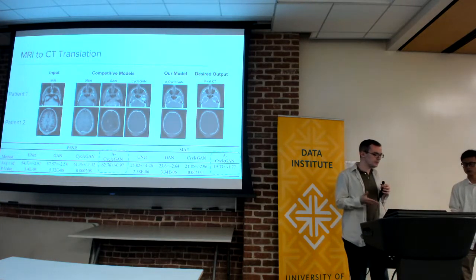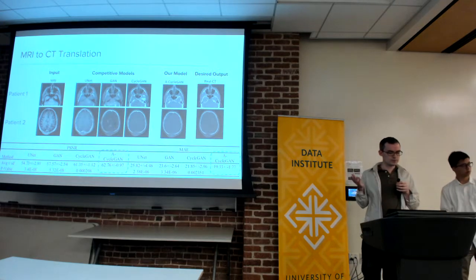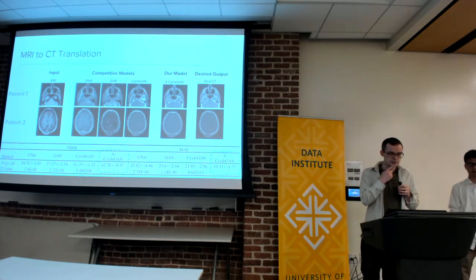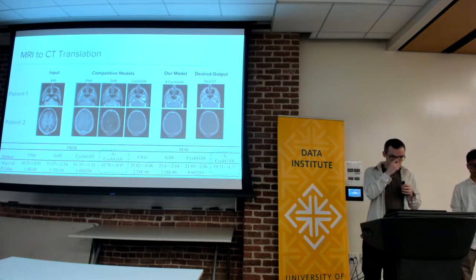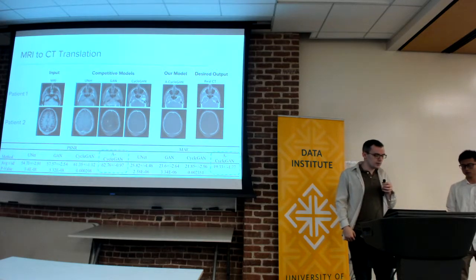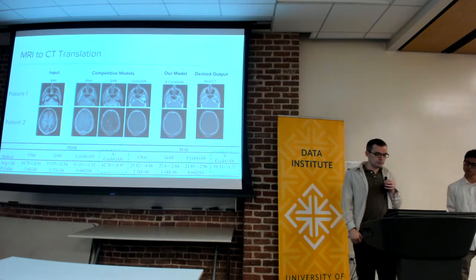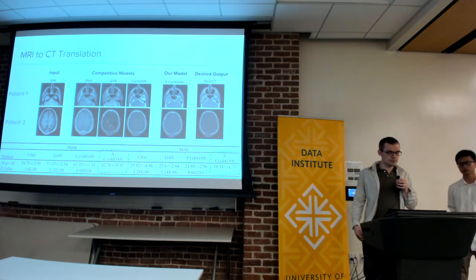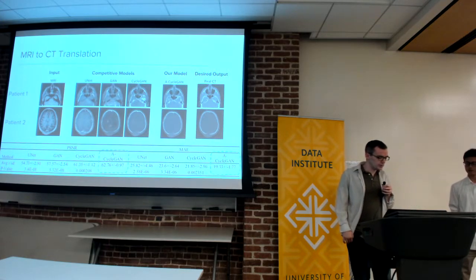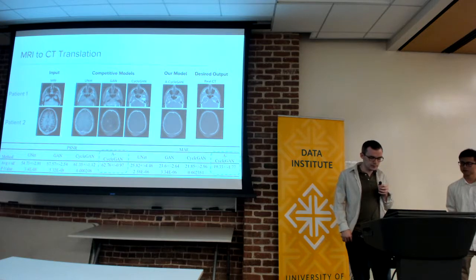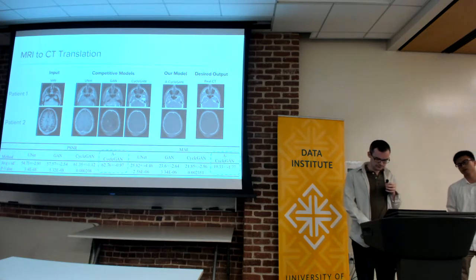And here we've again given outputs of different models as well as an output of our model and the actual. I think you'll agree that ours is visually more similar to the actual image that we're trying to predict. And at the bottom we have statistics, which I think show that our model is, again, closer to the actual.